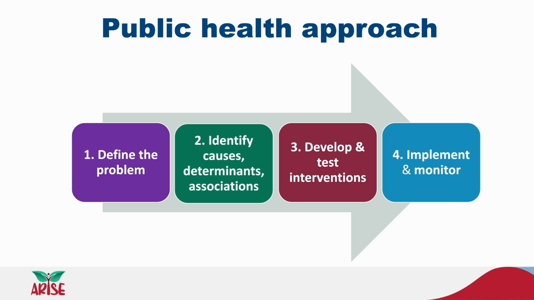To begin with, you need to define the problem at hand. That's step 1. Say we are looking at the magnitude of the problem of dementia in adults aged 60 and above in South Africa. Then we move to step 2, and then we look for causes or risks and protective factors, which we sometimes call determinants or associated factors.